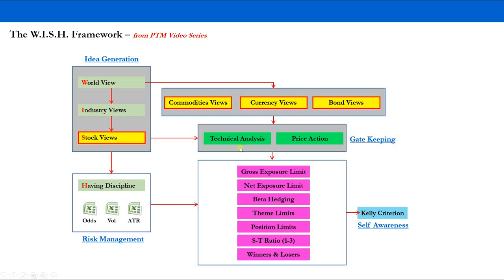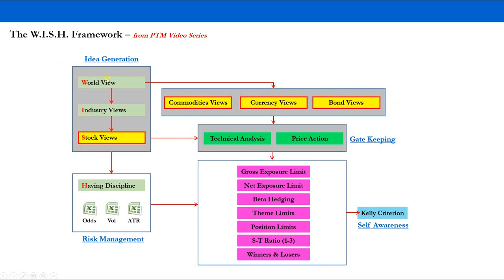Now, in the PTM video series, if we just keep things to basics, the idea generation phase is this phase over here. And what the idea generation phase does, it gives us a worldview to begin with. And our worldview, which is our outlook on the entire world, gives us our commodities views, currencies views, and bond views.